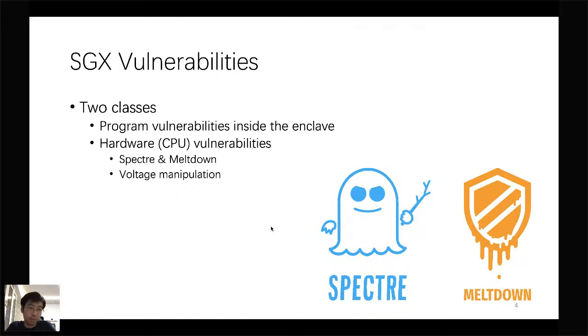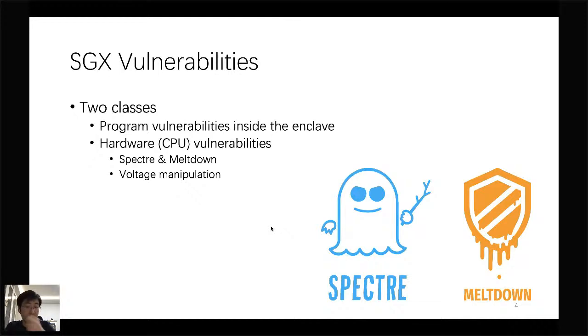I will not talk about it because it's all about program writing, right? It is hard to promise that we can write perfect programs which are totally bug free and run them in the enclaves. But we really have some code review mechanisms to reduce the vulnerabilities in our programs.